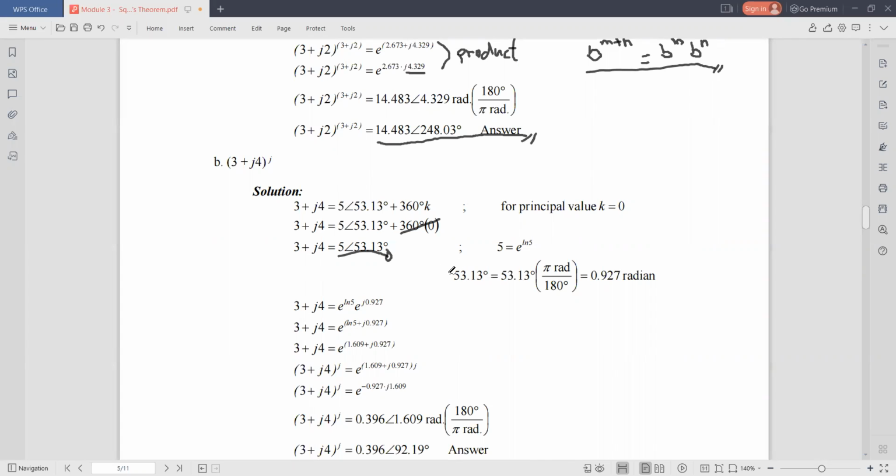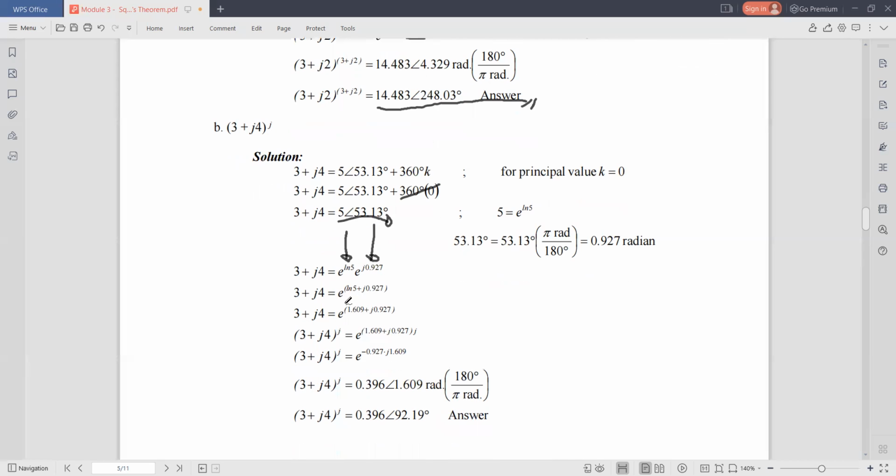And then, again, using the logarithmic property, you have your 5 is equal to e raised to ln of 5. Then multiplied by your e raised to j0.927. This 0.927 is your angle. So we take the exponential form for this one.